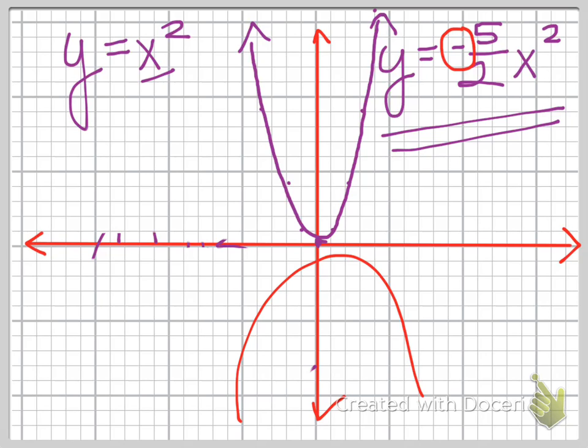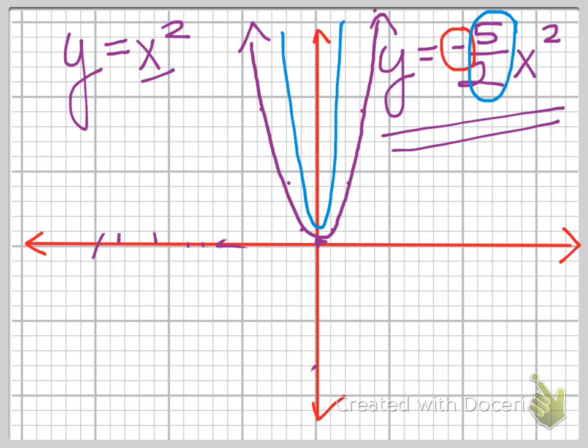But I actually do. If the value of the number, not the sign, just the number, we call it the absolute value of the a term, if it's greater than 1, then you are going to be skinnier, like this.